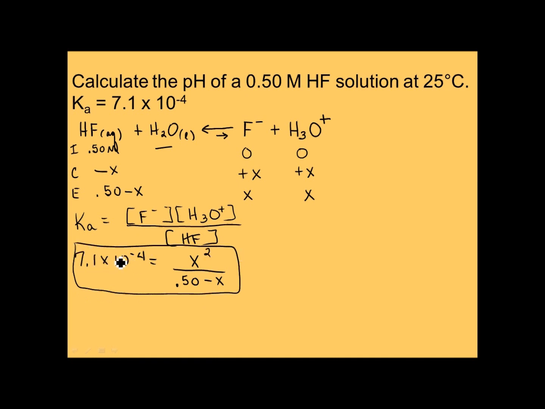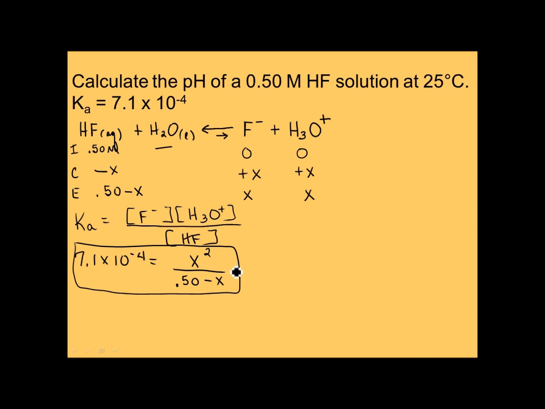It's going to be K equal to X squared over the initial concentration minus X. Every last one of them. There are no coefficients to worry about. They're all moving to the right, so the reactants are losing and products are gaining. They all look exactly like what I just boxed in.